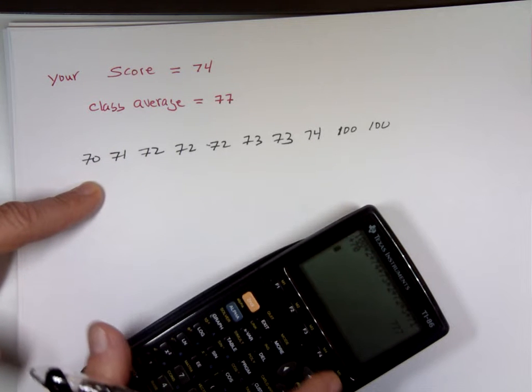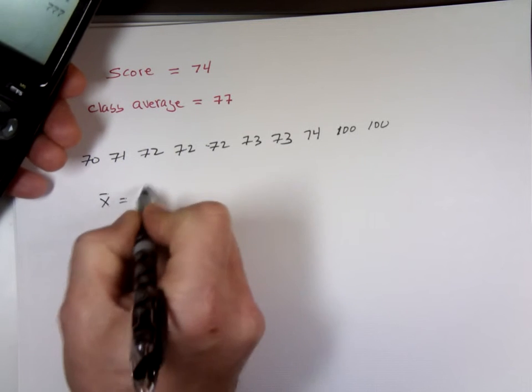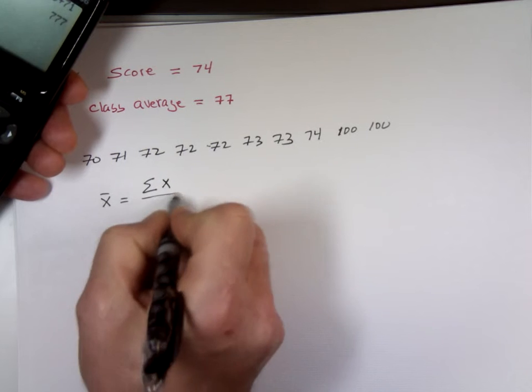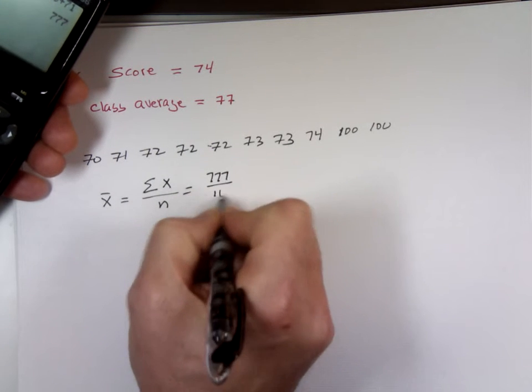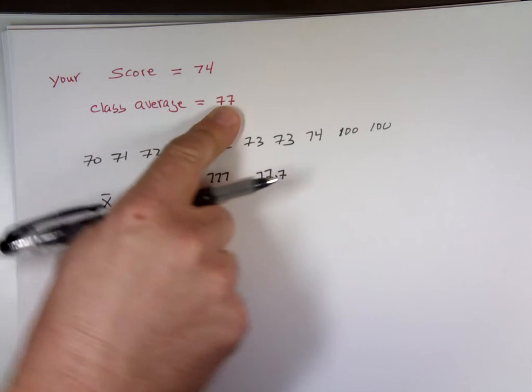When you add them, the average is the summation of all the scores divided by n. When you add them all, 777 divided by 10, which is what? 77.7. Class average is 77.